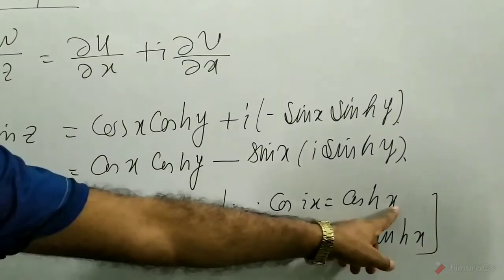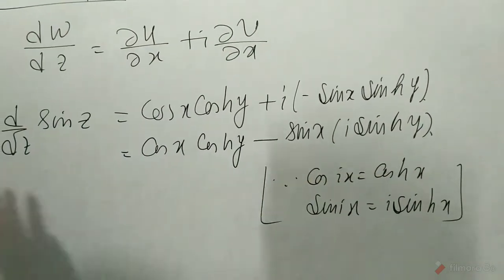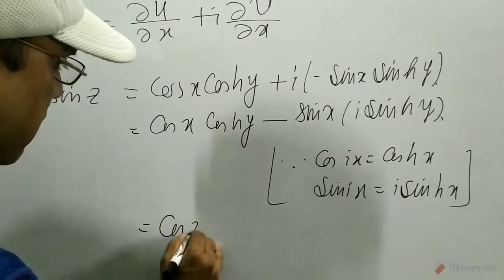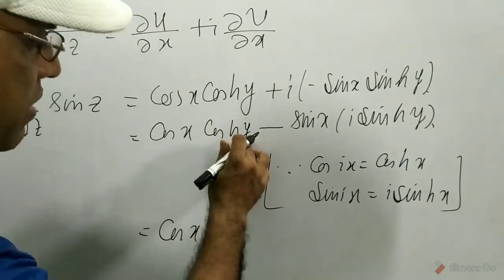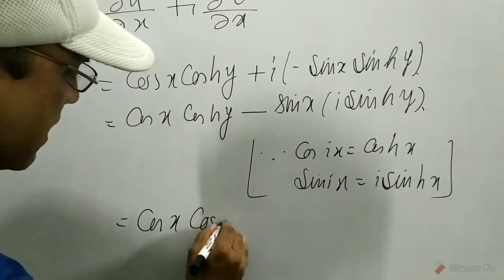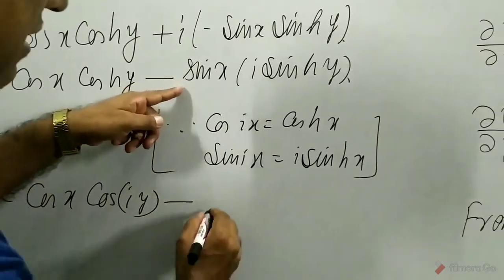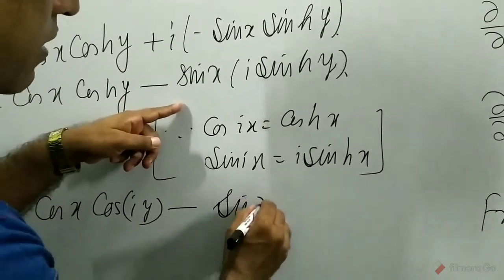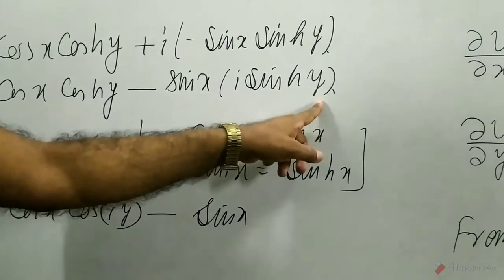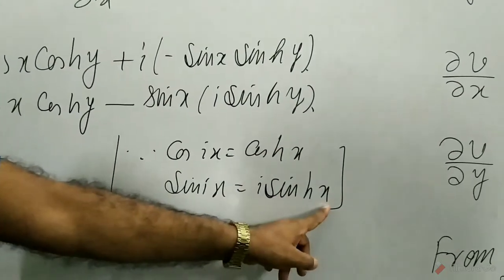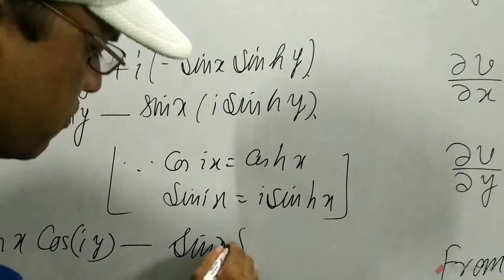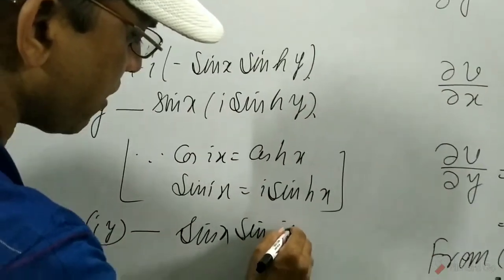So cos hyperbolic y we can write as cos iy, and sin x remains same, i sin hyperbolic y means sin iy.